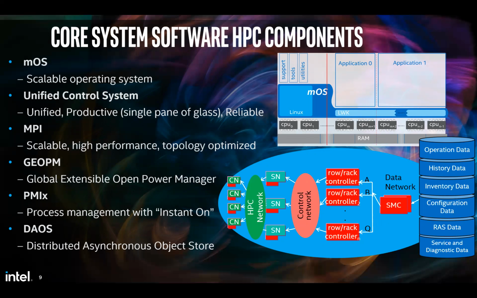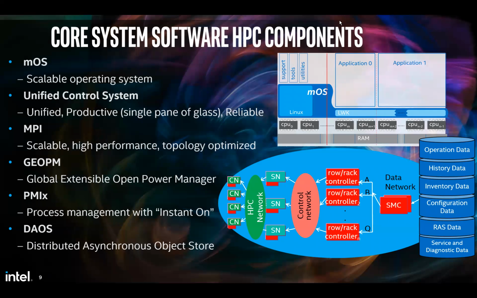We run Linux on one or more of those CPUs, and we run a lightweight kernel on the rest of them. This allows us to achieve high performance for the applications running on the CPUs, but with full Linux compatibility, because if there's a call that the lightweight kernel doesn't implement, since Linux is on the same node in the same shared memory domain, we can make the Linux call.